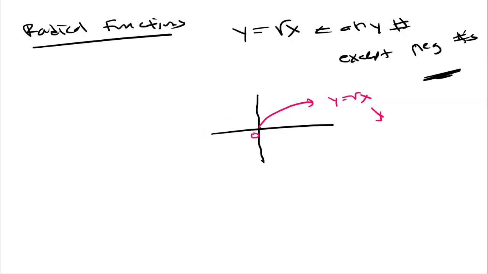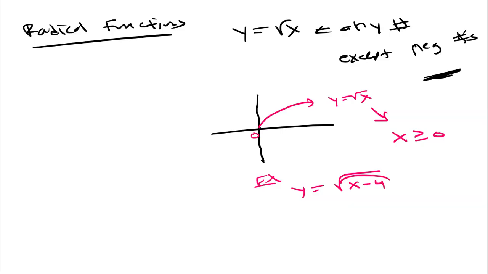So when you see a radical, you take whatever is inside that radical and set it greater than or equal to 0, because those are the numbers that are going to work. For example, if I have y is equal to square root of x minus 4, what's going to be the domain?